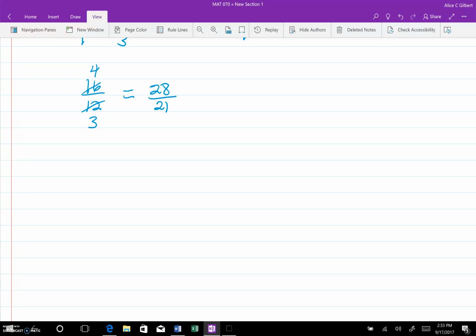And let's see, 7 goes into 28 4 times and 7 goes into 21 3 times. So now what I have is 4/3 equals 4/3. This is equivalent. They are equal to each other. So it is a proportion.